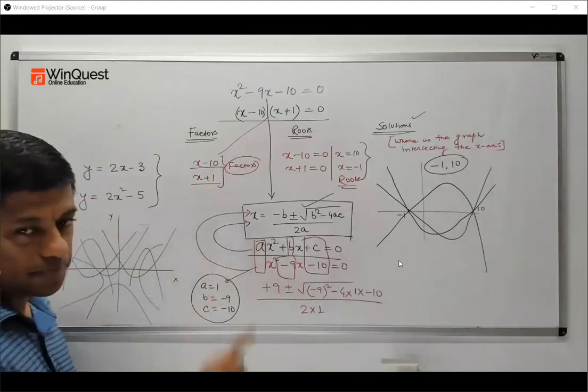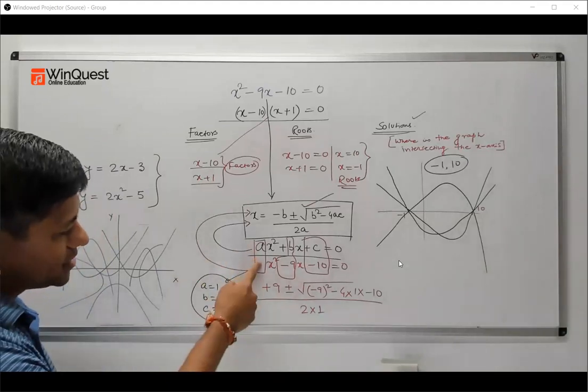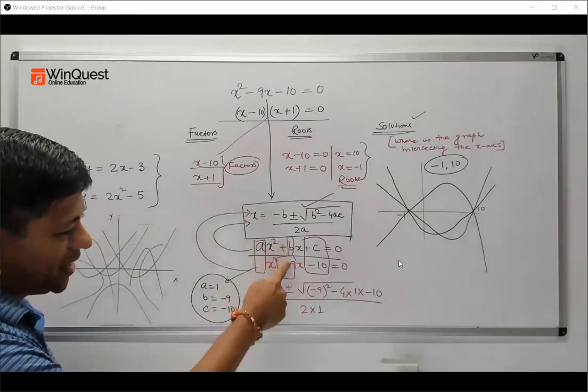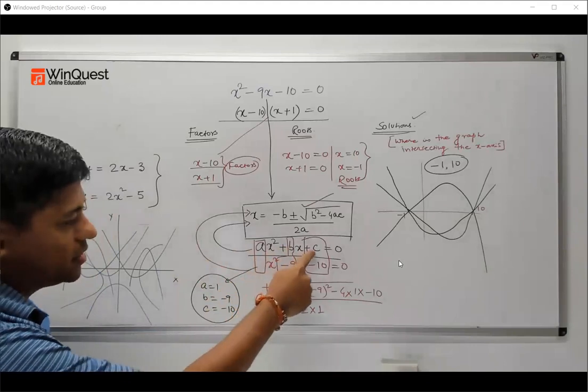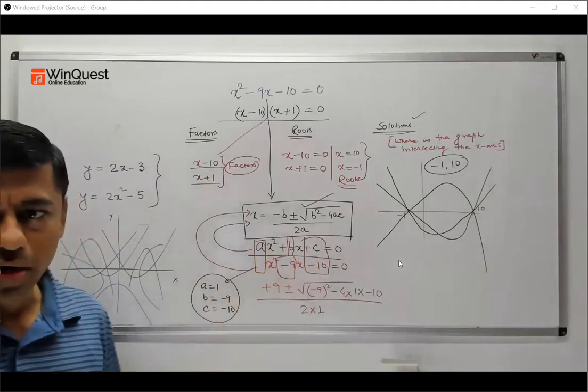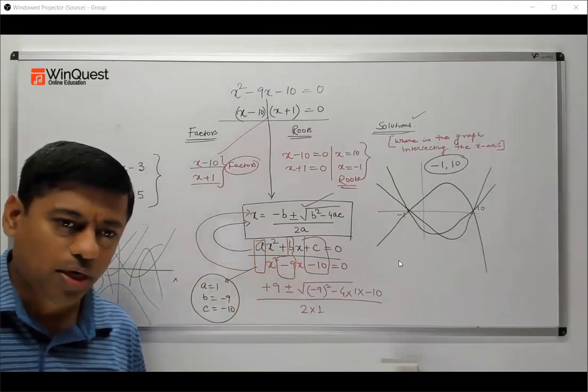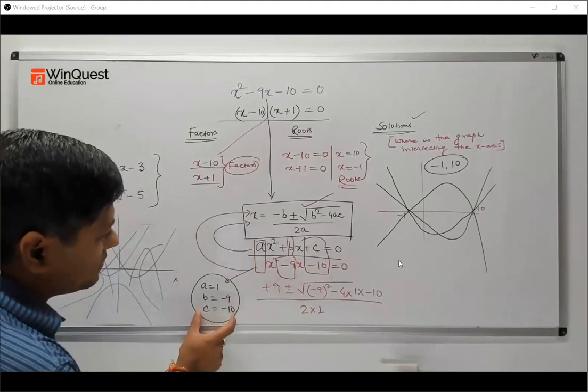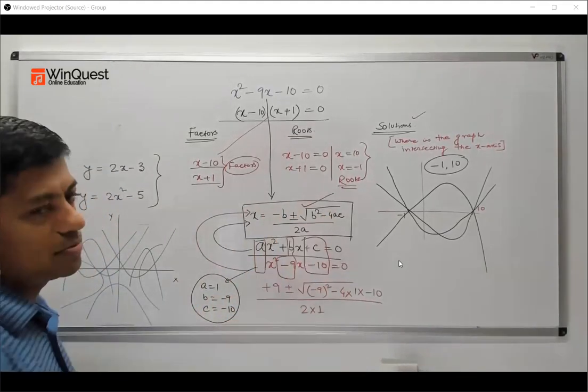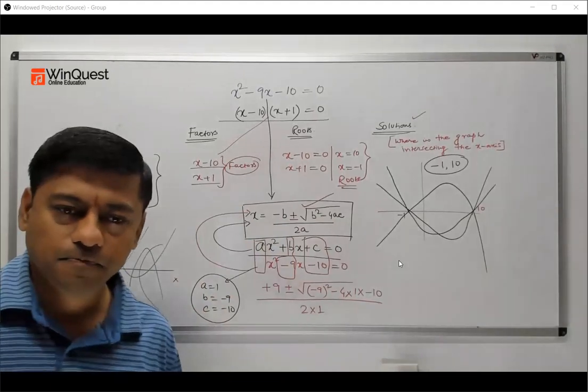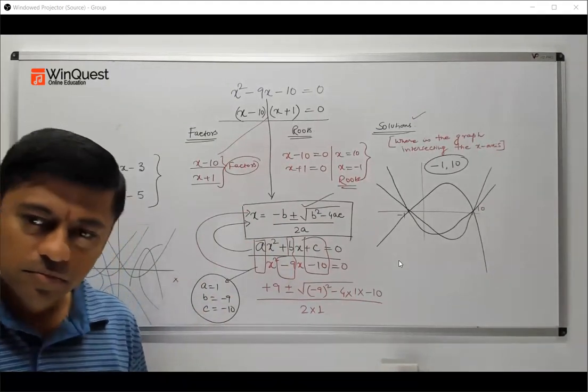Compare it with this and this. For a, there is nothing here, so this is 1. b is -9. c is -10. Are we okay? We have just taken these values and put them in the actual formula. Are we clear?